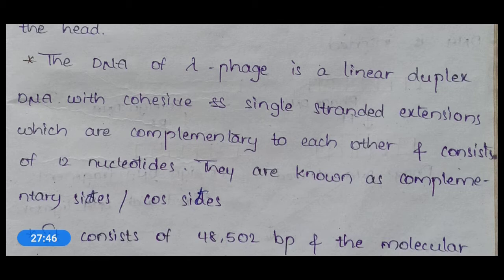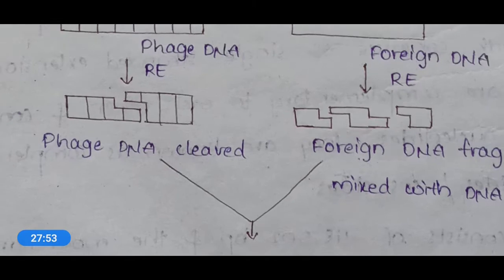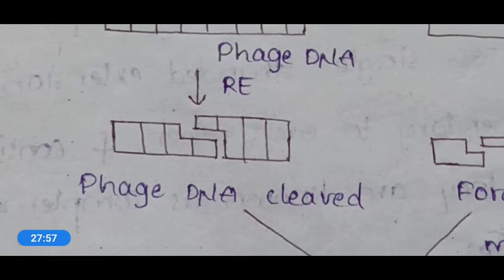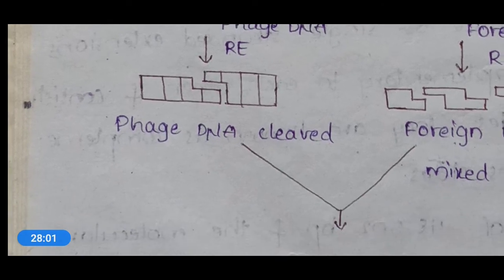Cohesive ends means, wait, I'll show you the diagram, then you can have a better idea. So if you see the DNA which is cleaved, phage DNA cleaved, that one is a cohesive end.